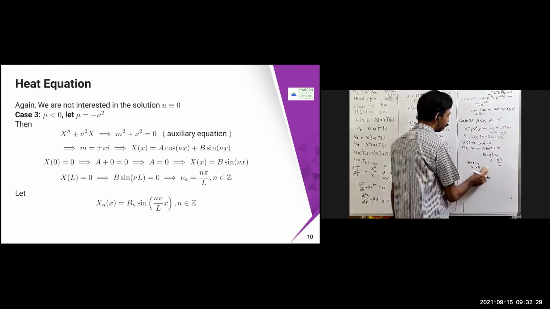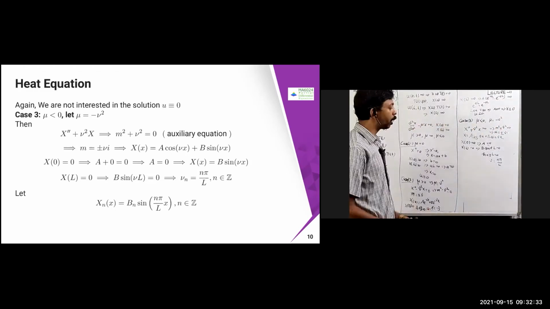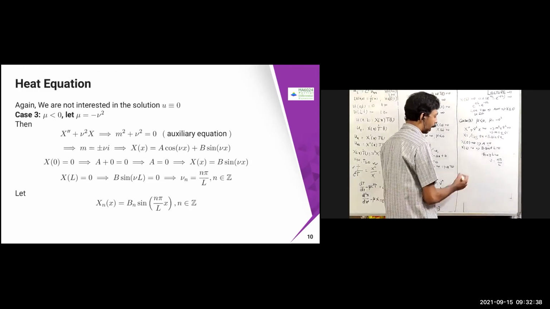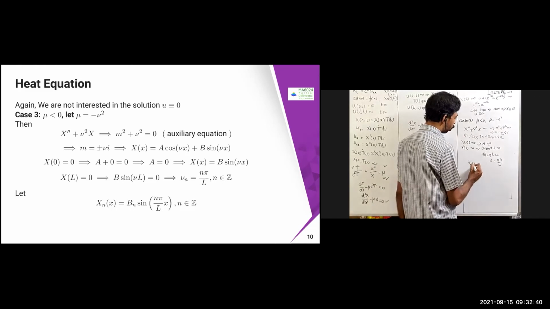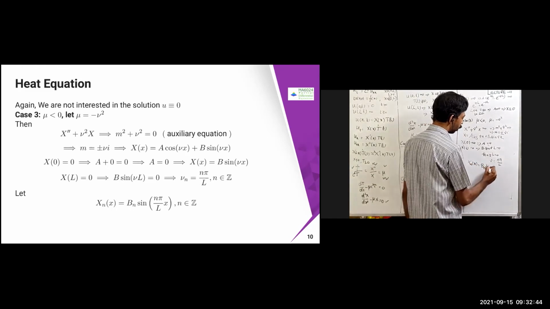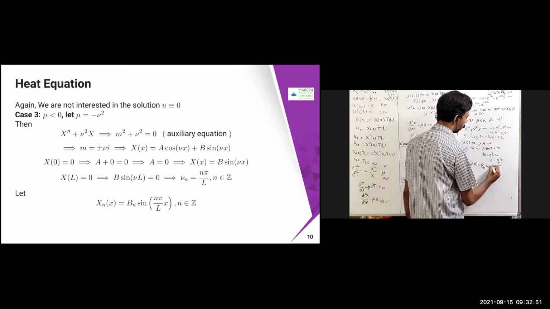Therefore, here you are going to have many solutions, so you are going to get a non-trivial solution here. So you are going to have x_n of x equal to some B_n into sin of nπ by L into x as the solution.